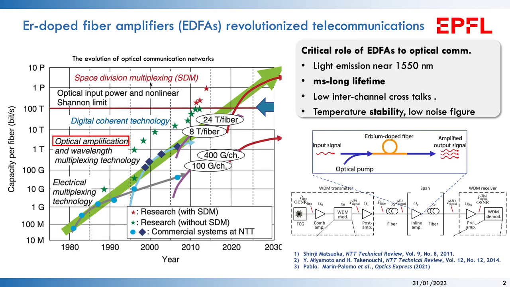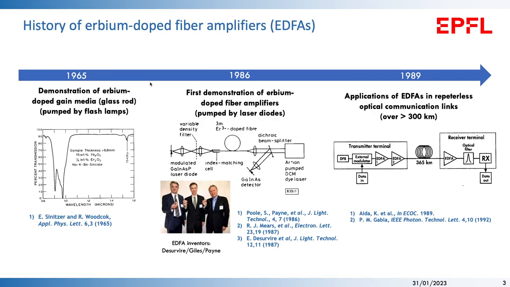This is very different from the widely used semiconductor amplifier, which cannot amplify too many wavelengths at the same time. Also, the erbium ions are generally doped in a dielectric material, so it has better temperature stability compared to semiconductor material. Of course, it gives you a low noise figure, approaching the 3 dB quantum noise figure limit for phase-insensitive applications.